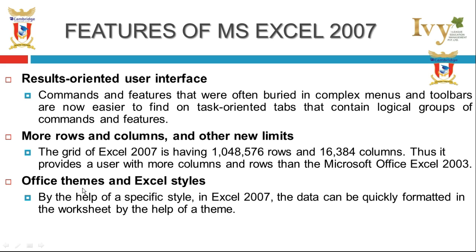So by using inbuilt themes and inbuilt styles, there is no need to waste your time to format some page or some worksheet. You just need to fill the data in raw format and select the style, and it will automatically set the style of your filled data.